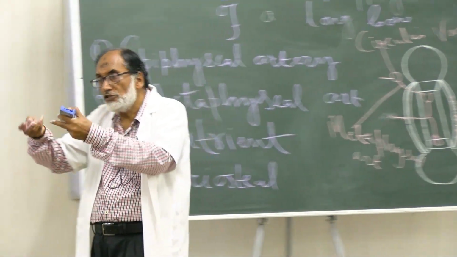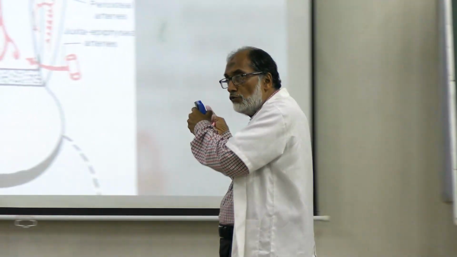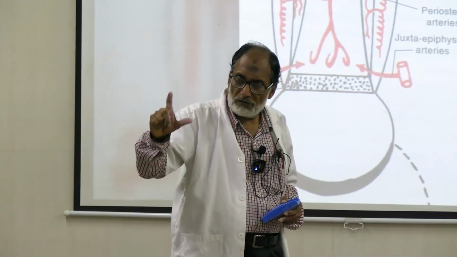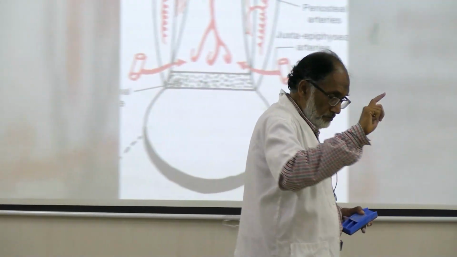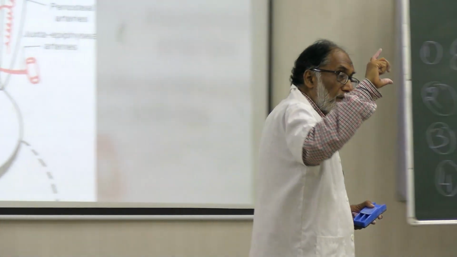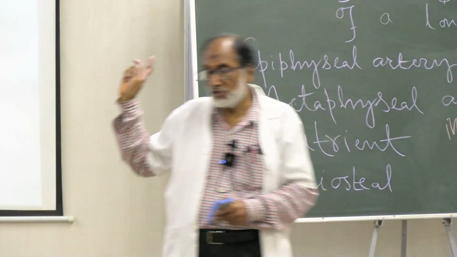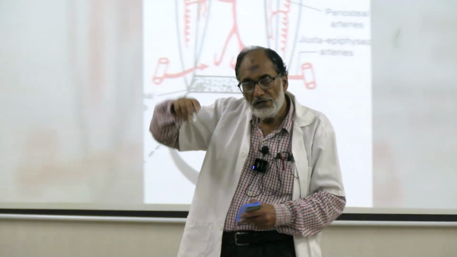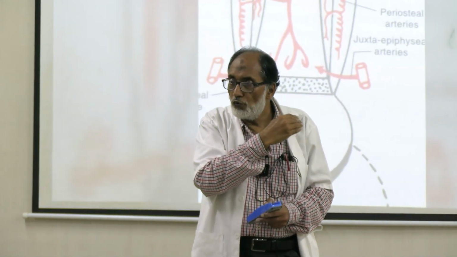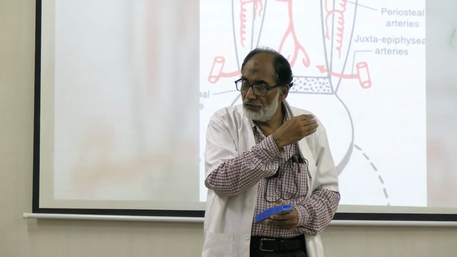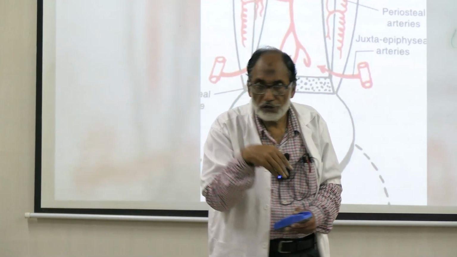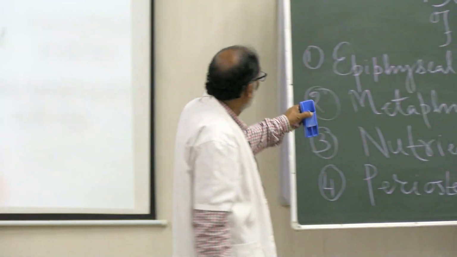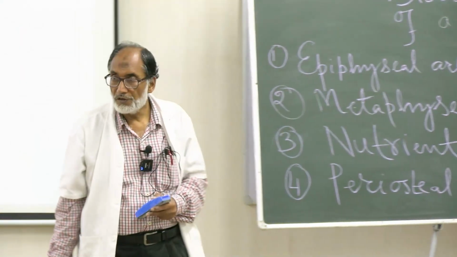They also anastomose with these branches of the nutrient artery. Because of this anastomosis, as I have already told you, the metaphysis is the most vascular part, and because of this vascularity and hairpin-like bend, it is prone to develop infection, that is called osteomyelitis. Then comes the epiphyseal artery.